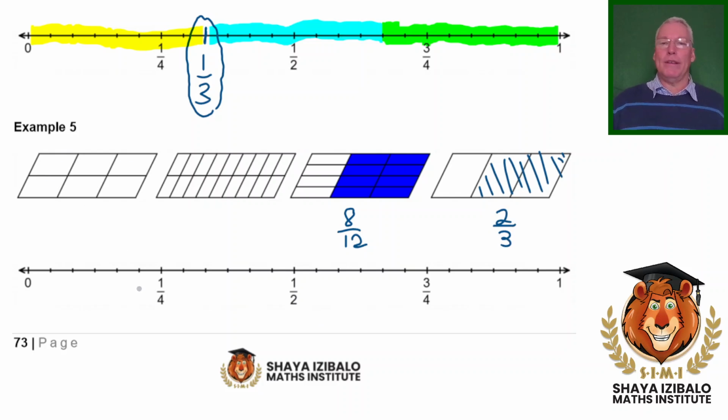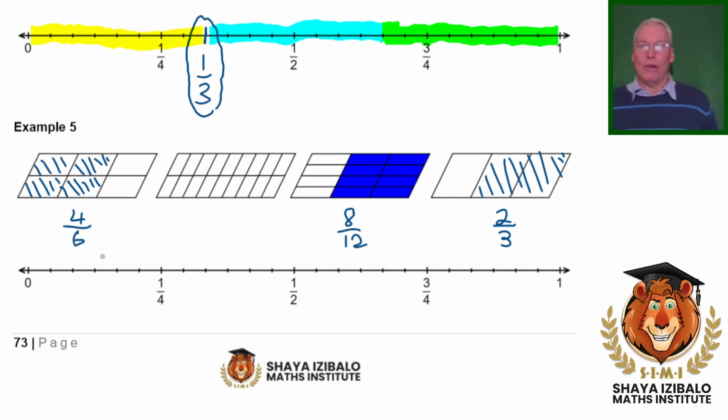If there are 6 pieces and I want to shade 2 in every 3, have a look at this. I'm going to shade this one, and out of the 3 on the bottom row here, 1, 2, 3, I'm shading 2 of them. On the top row, I'm going to do the same, 2 of them. 2 out of 3 is exactly the same as 4 out of 6.